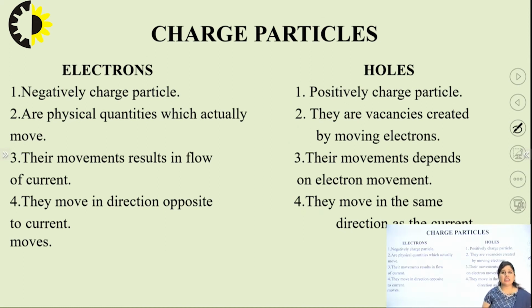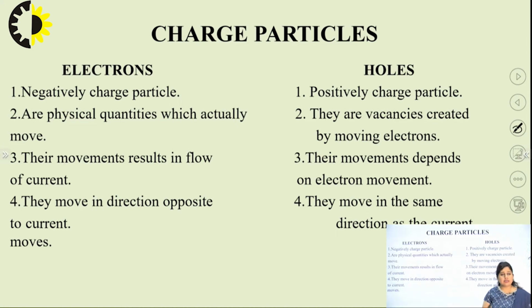Now next is the charged particles. We know that a semiconductor device has both polarities, that is, it has electrons and it has holes. So what is the difference between electrons and holes? As we know, an electron is a negatively charged particle, and holes are positively charged particles. Electrons are physical quantities which actually move, and holes are vacancies created by the movement of electrons.